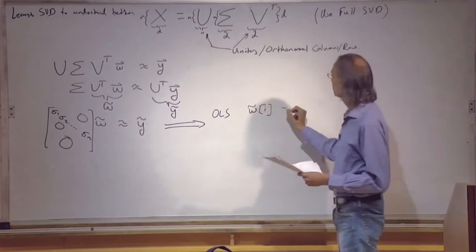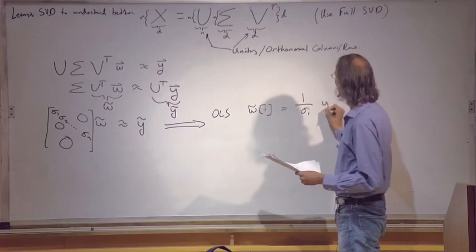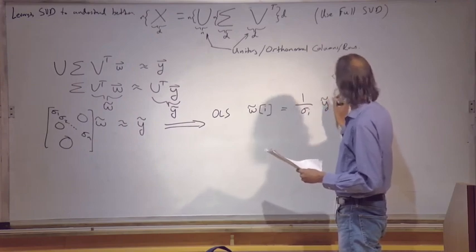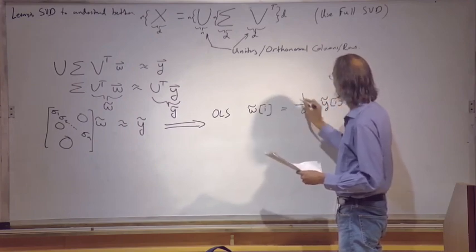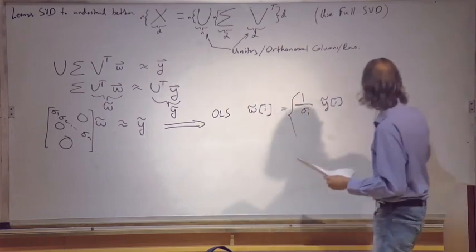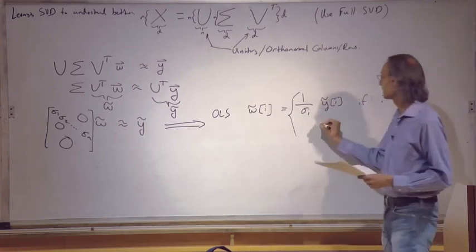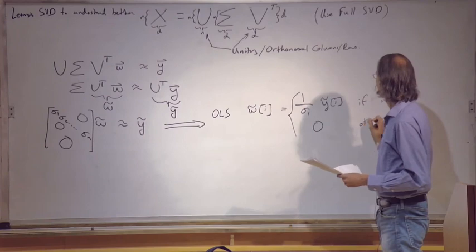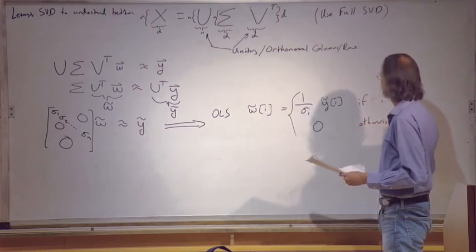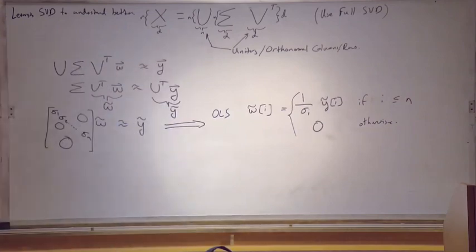This is just going to be 1 over sigma i times the ith component of Y tilde if i is less than or equal to n, and 0 otherwise. Did everyone see that?